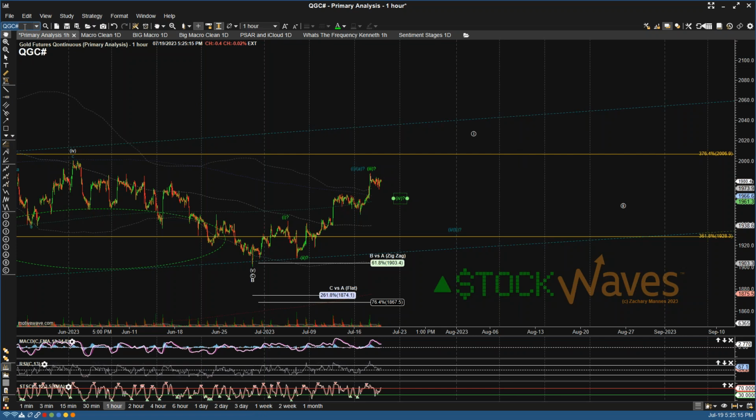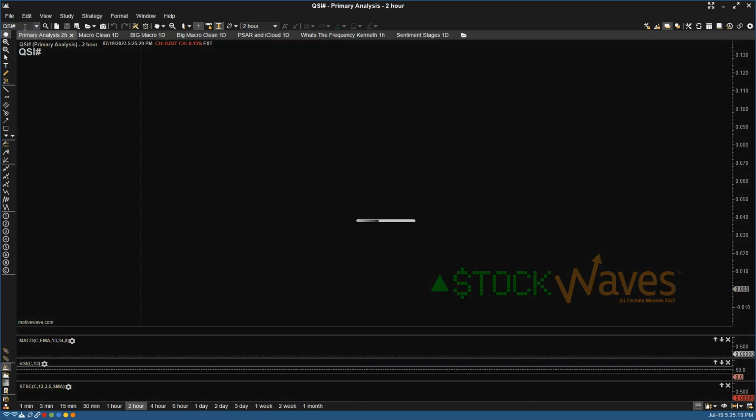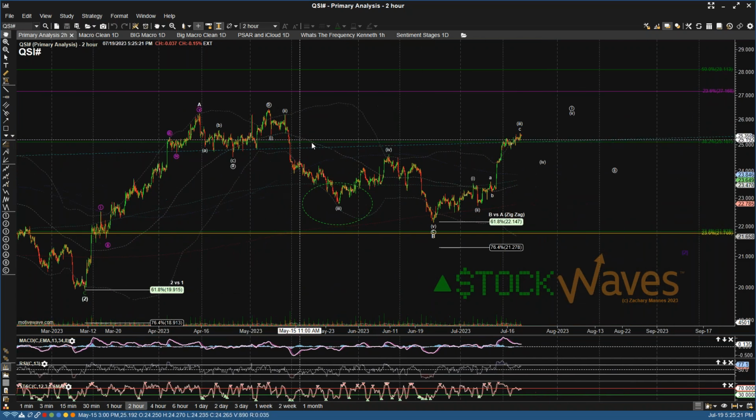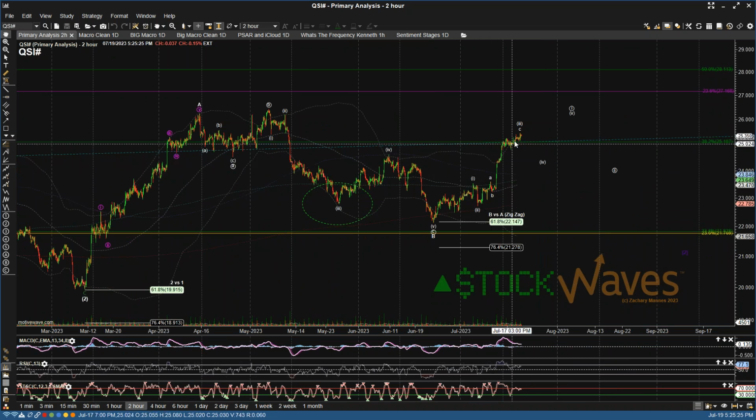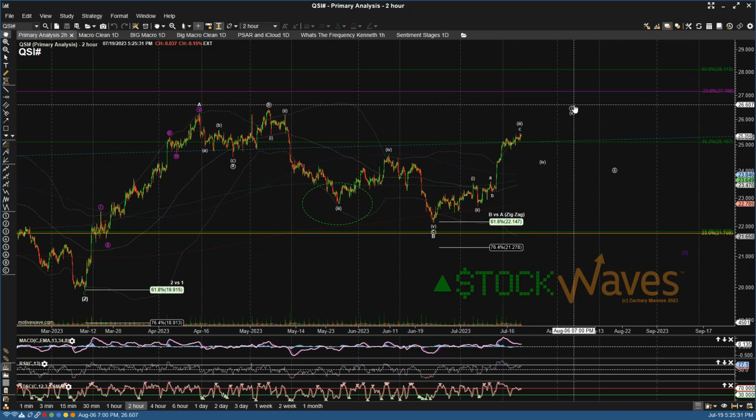When we jump over to the silver chart, we see that same structure a lot more clearly. What is a little bit questionable as 1, 2, 3 in gold very much looks like a 1, 2, 3 of that same circle wave 1 in silver.